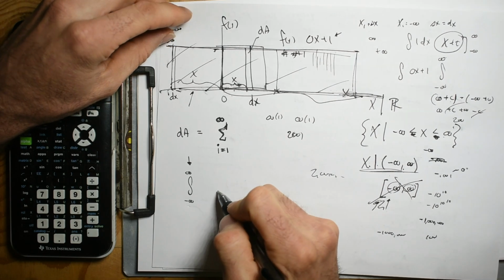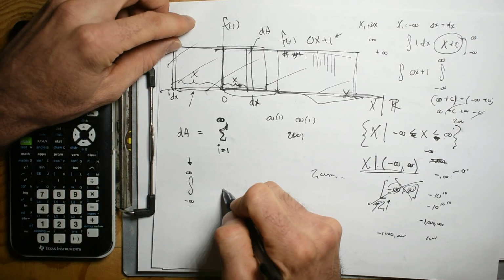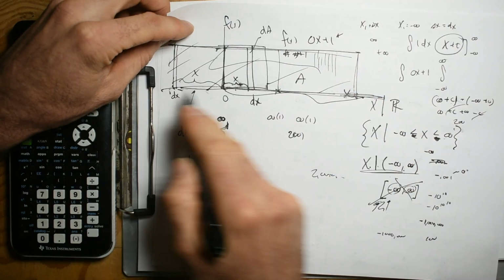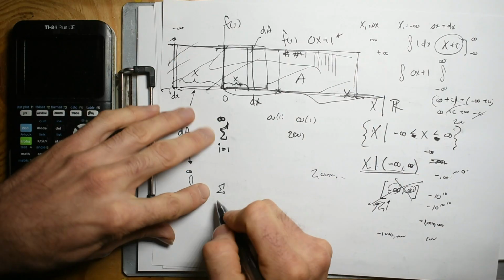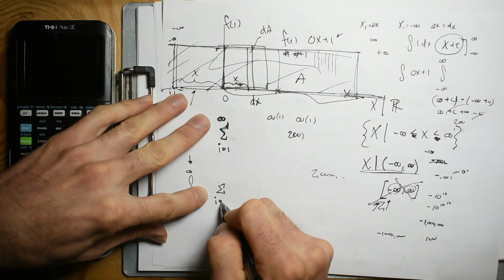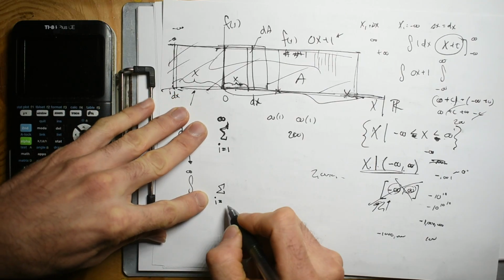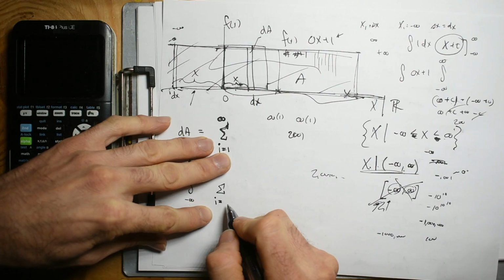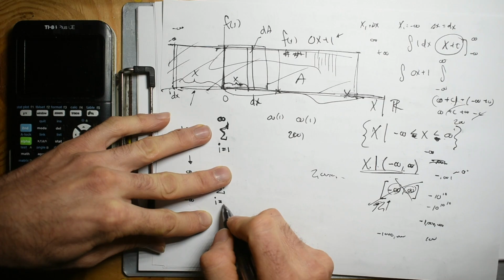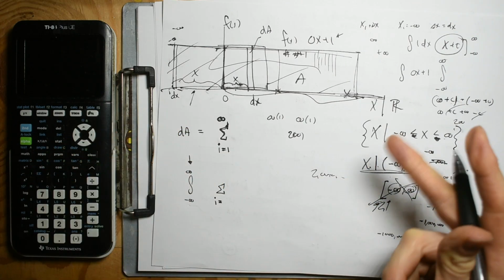And so to get the entire area from negative infinity to infinity, I got to sum i is equal to... and maybe I'm tripping things up.